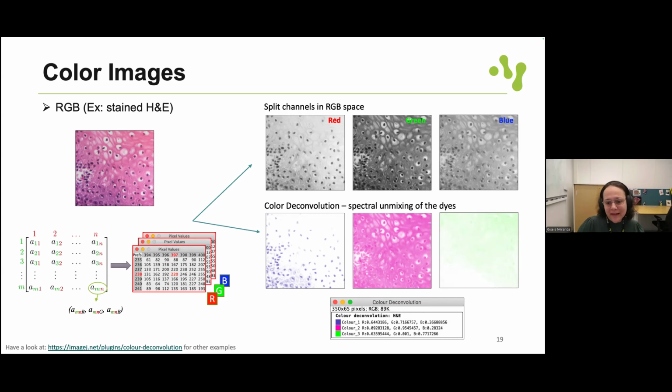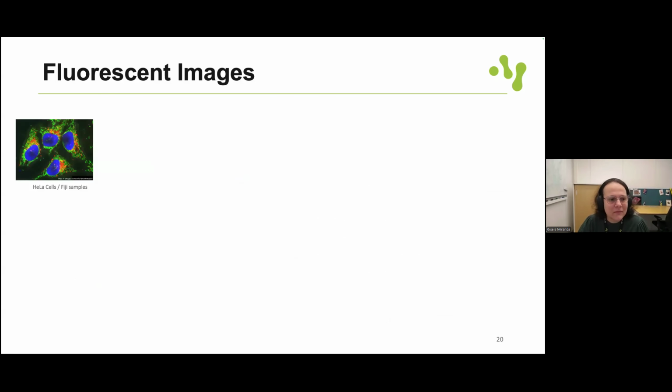So then you have, for instance, the first image here highlighting the hematoxylin stained parts of the image. The same here for the eosin. And this can help, for instance, if you're segmenting the nuclei; this can be a better way to split the images.